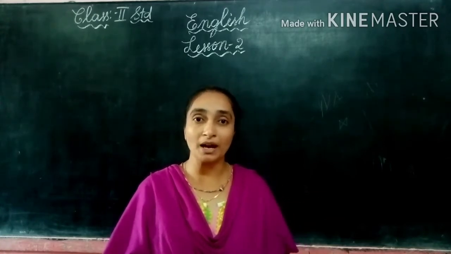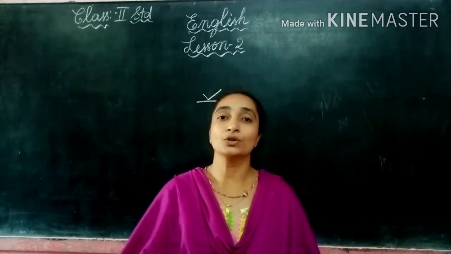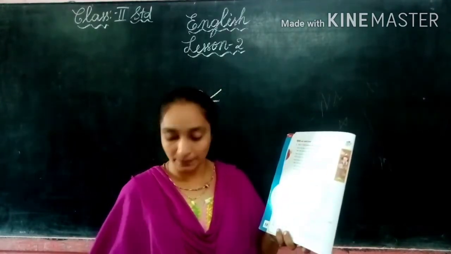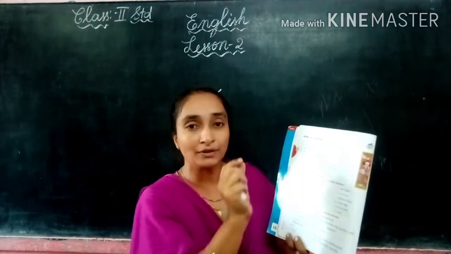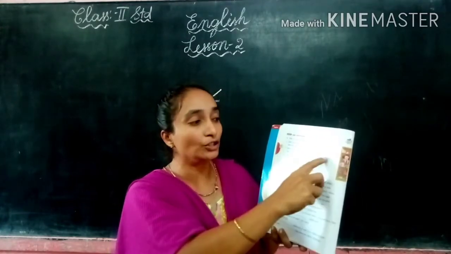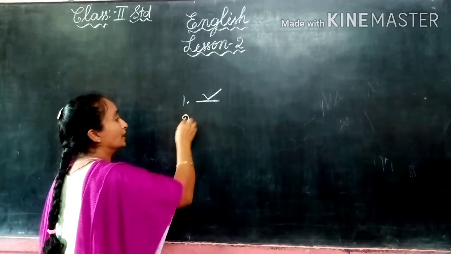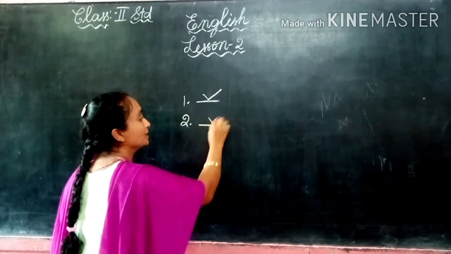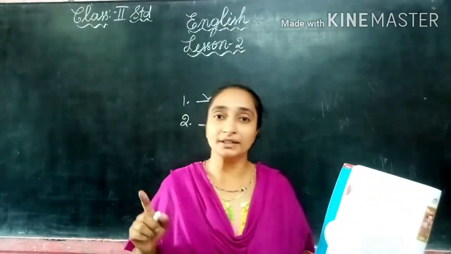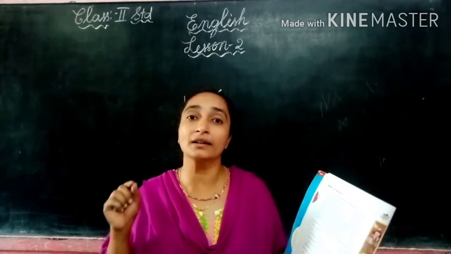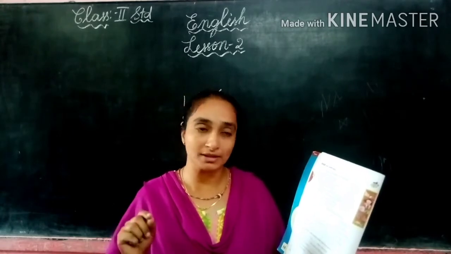She was going to the park, so she wanted to tie her hair with the ribbon. So the first sentence is the correct one. You can give the tick mark to the first sentence, Sarah could not find her ribbon.